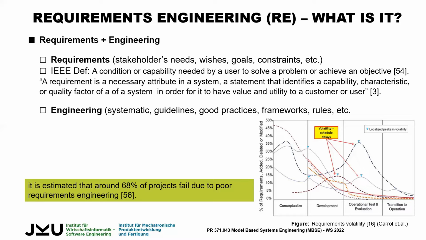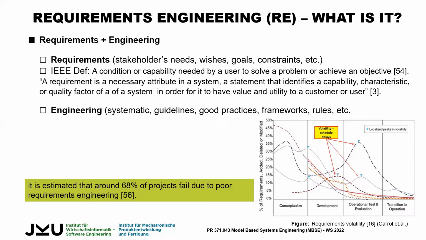And if you see this graph, it is quite interesting here. You see the requirements added, deleted, or modified. If you consider the whole life cycle of the product, they are not actually showing all of it, because after design and development, sometimes during manufacturing you will see bad experiences with cars, like in the US or European market.